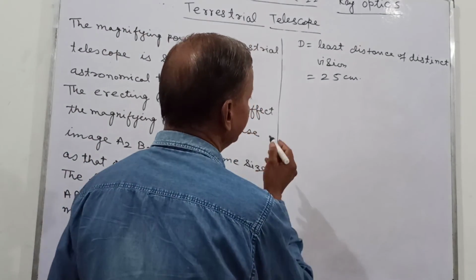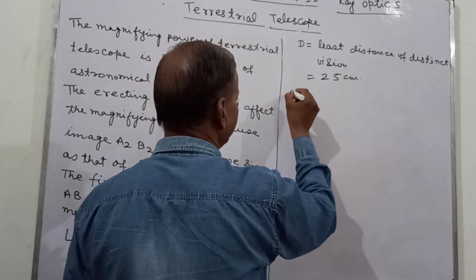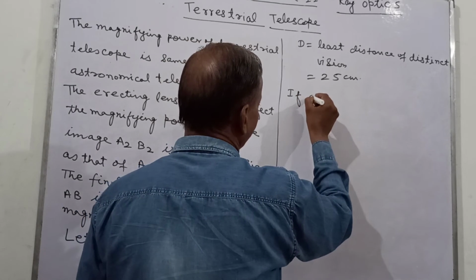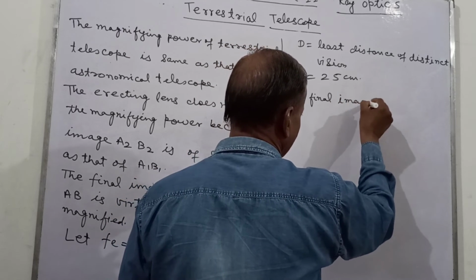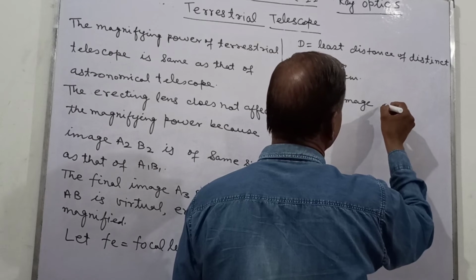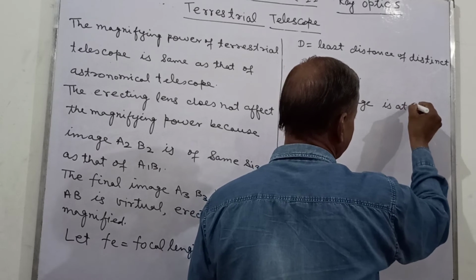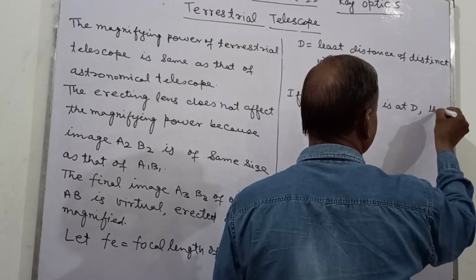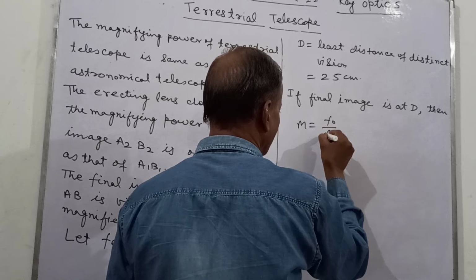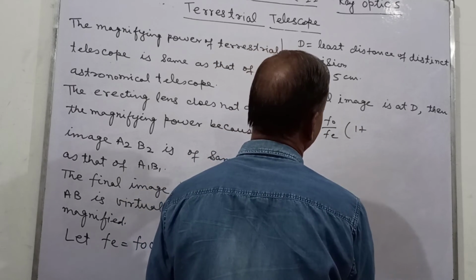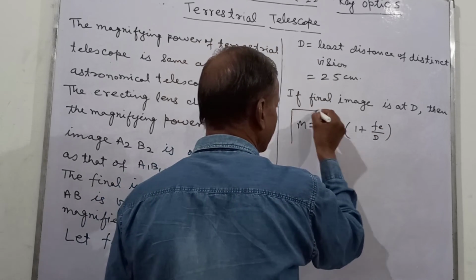Now, if the final image is at D, then M equals f naught upon fe into 1 plus fe upon D. This is the formula of magnifying power.